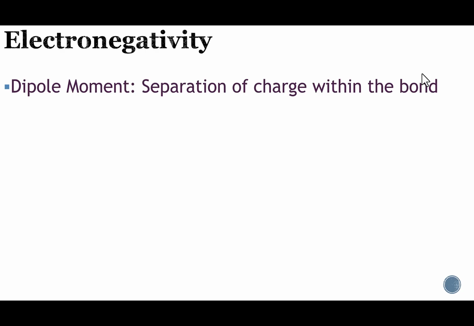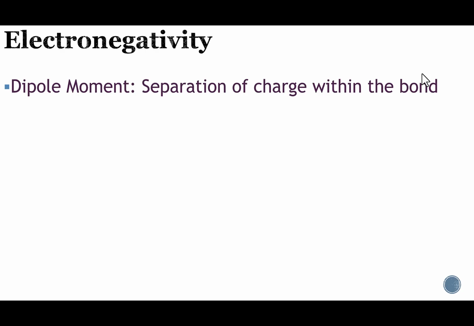Well, this sets up something called a dipole moment. So if I have two atoms that are sharing electrons, so they're in a covalent bond, and somebody is really, really attractive to those electrons, somebody else is not so much, what we're going to see is those electrons are going to be attracted to one of the elements and not so attracted to the other element. And the important thing to remember here is electrons are charged particles.